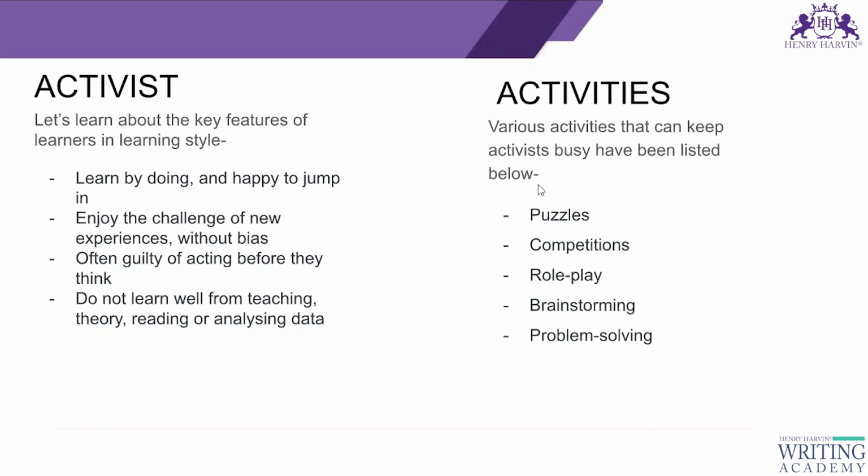The learner will be happy to do task activities, always trying to jump into other activities, and wants to keep on doing things. As of now, if everyone starts responding and everyone is doing, that becomes your activist. You're actively jumping into the learning, so your learning happens when you get into that.